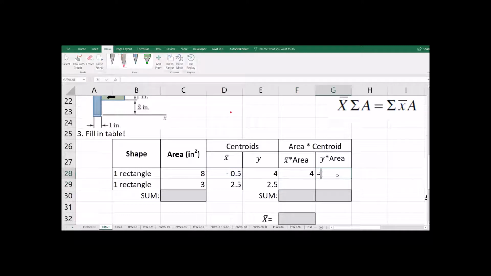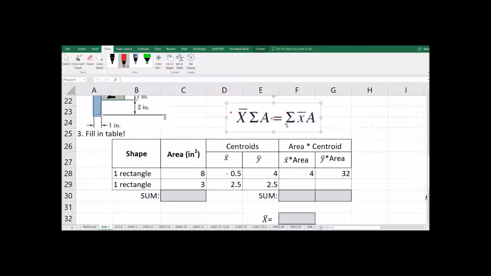This is all of those little chunks of the moment that we're adding together now. So again, here's the equation. We're getting all these little x times a or y times a. So we're just multiplying all of these moments out. So there's our y times a.